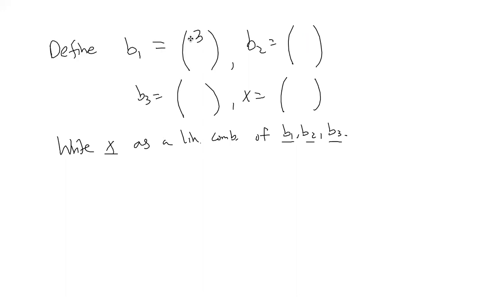Oops. -1, 2, 1. And -1, -4, 7. Okay, hopefully that's orthogonal. And then let's do X as, I don't know, 0, 1, 2. Hopefully those numbers are not awful.